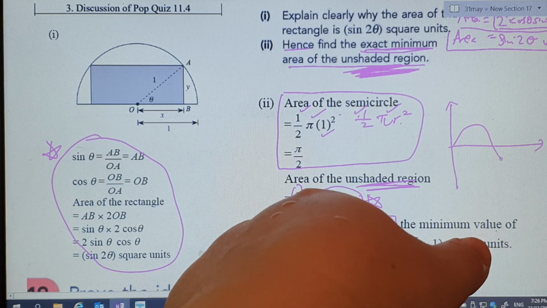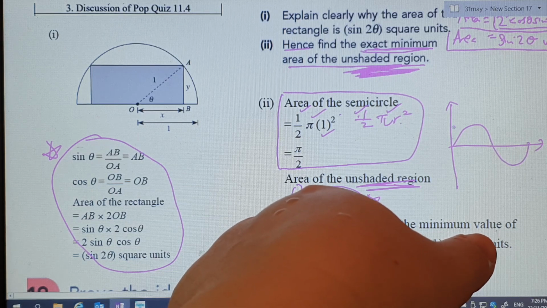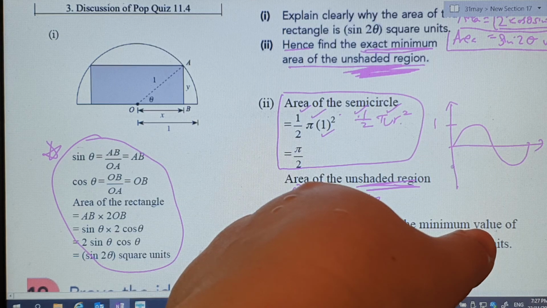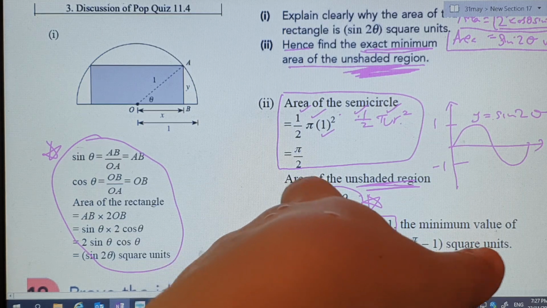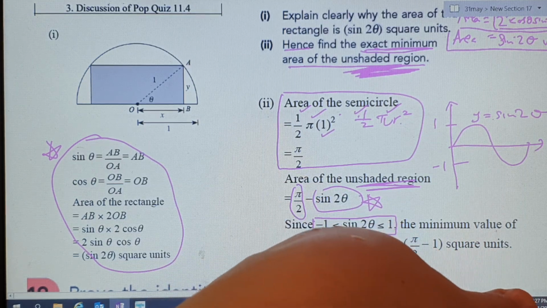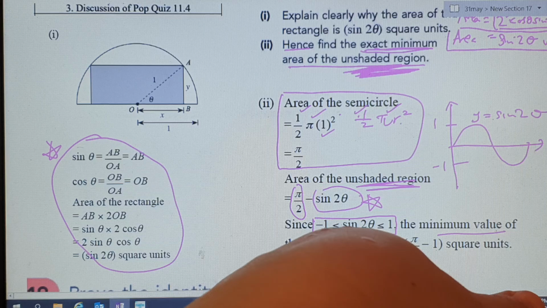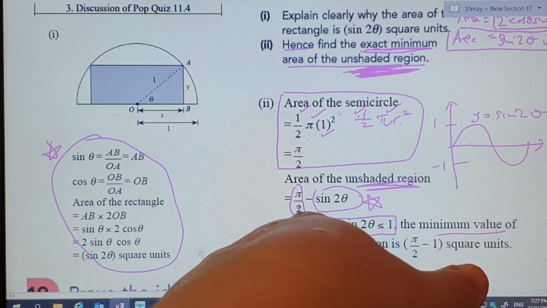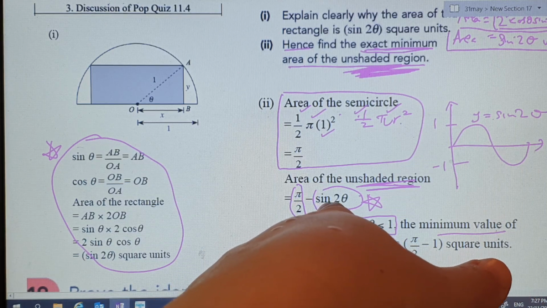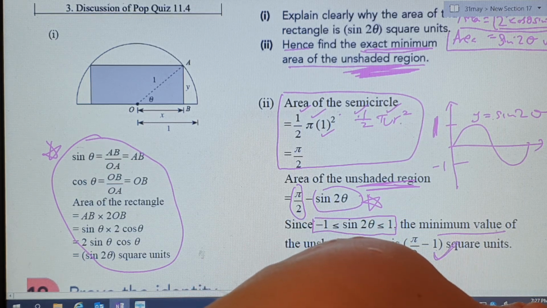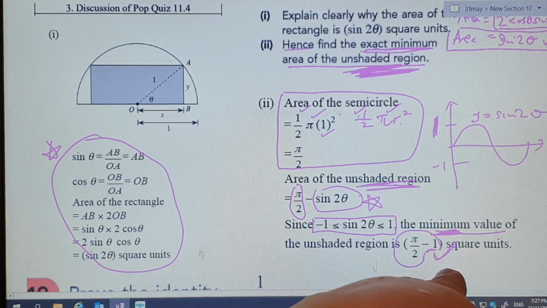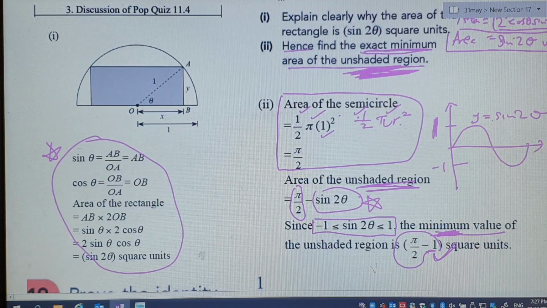So don't you agree that this is 1 and this is -1 for y equals sine 2 theta? We don't look at the minus. So the minimum value of this must be pi over 2 minus 1. So that's your answer already. This is the minimum value. So that's all for this particular question.